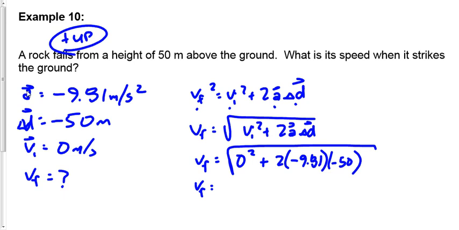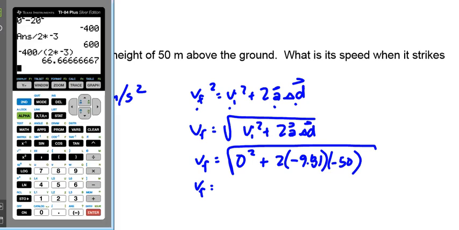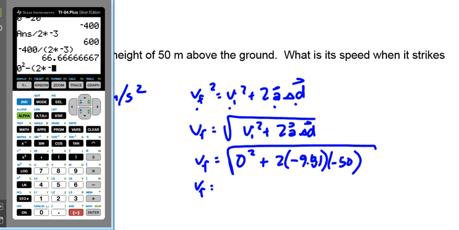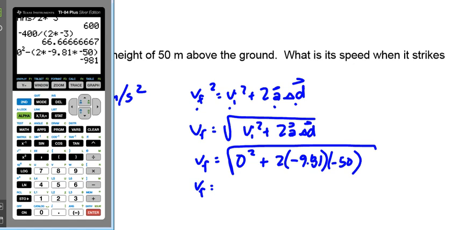Okay, let's do this on the calculator as well. We're going to say 0 squared minus, now watch this. I'm going to put that all in one set of brackets, that term, 2 times negative 9.81 times negative 50. See what I've done there? Now I'm going to press enter, negative 981, and I'm going to square root that.